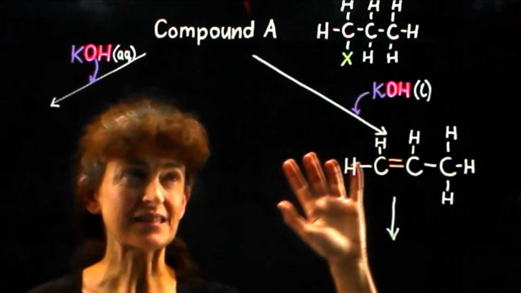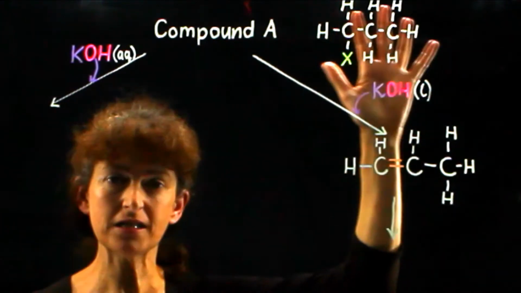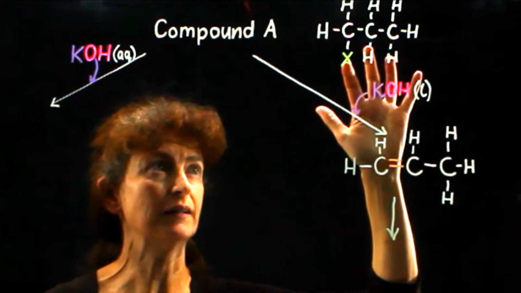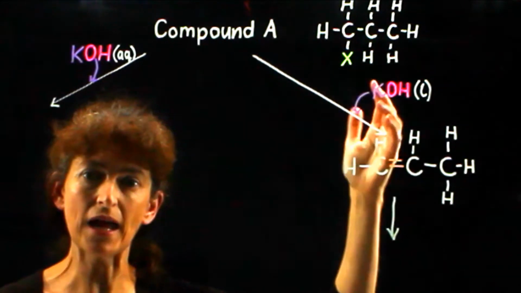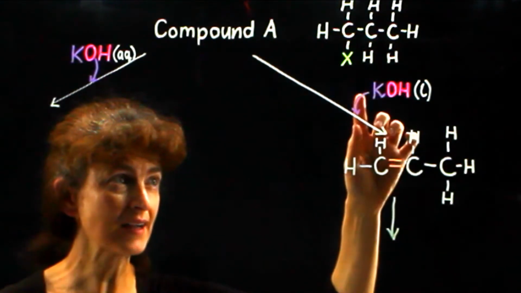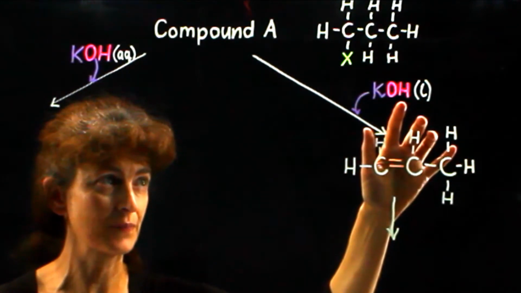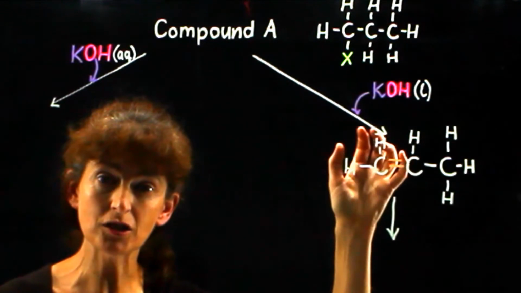So as we've already discussed, compound A has to be a haloalkane. So I've written a structural formula for a haloalkane, where X stands for any halide. And when a haloalkane reacts with a concentrated base, like potassium hydroxide, we get an elimination reaction.